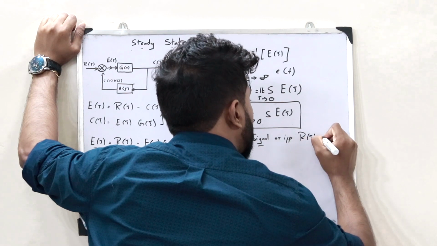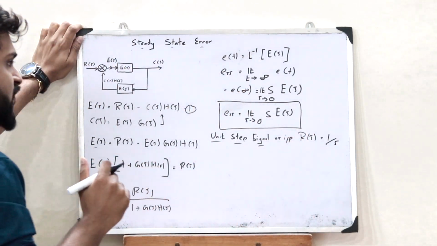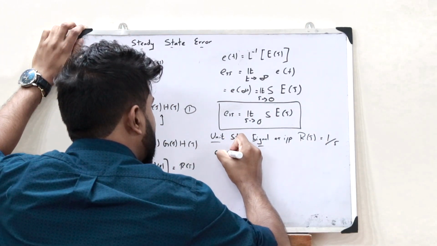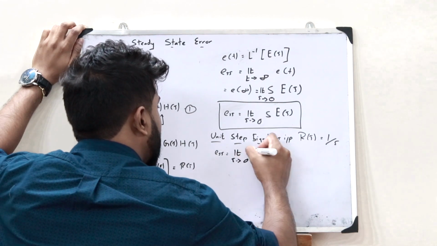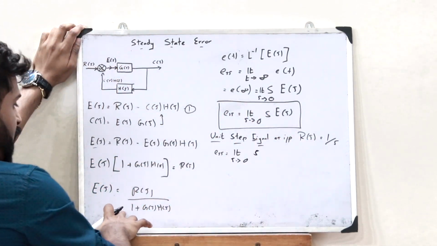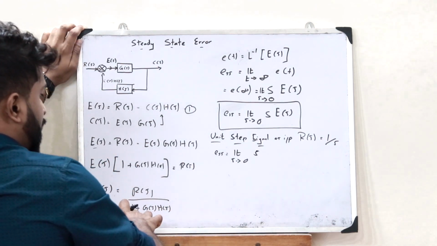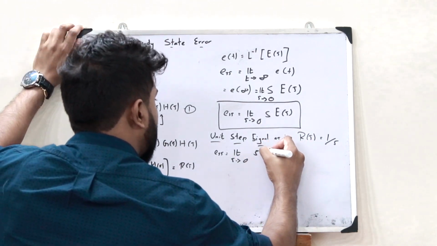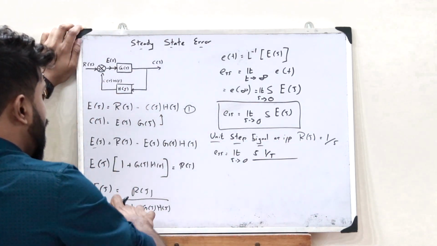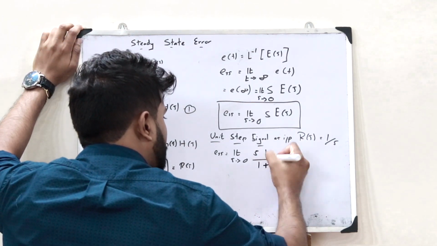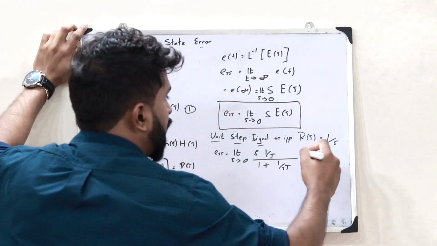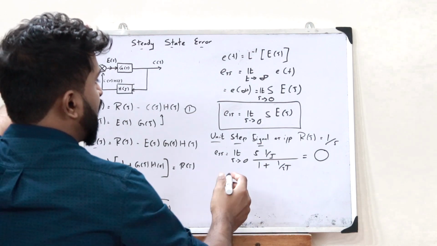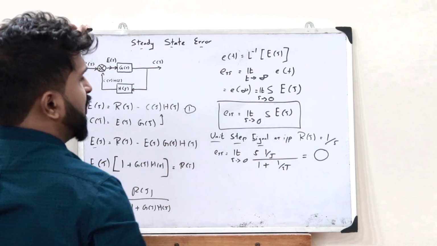Then R of S is equal to 1 divided by S. Let us substitute this here. Now ESS is equal to limit S tends to 0 of S into E of S. E of S is R of S divided by 1 plus G of S into H of S. Here R of S is 1 divided by S, so this becomes 1 divided by S divided by 1 plus G of S into H of S. Therefore this would become equal to 0. This is the steady state error when we give a unit step signal as the input.